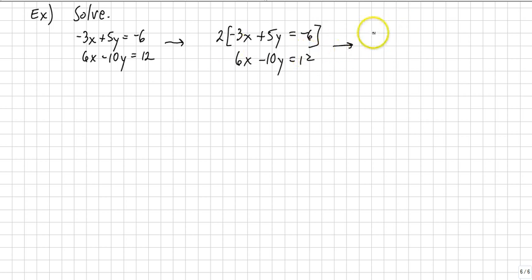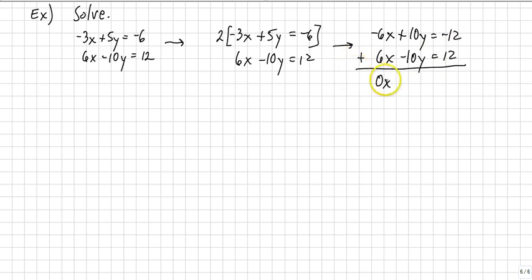If I multiply the top by 2, I get negative 6x plus 10y equals negative 12. So when I add those together, negative 6x plus 6x is 0x, 10y plus negative 10y is 0y, and negative 12 plus 12 is 0.